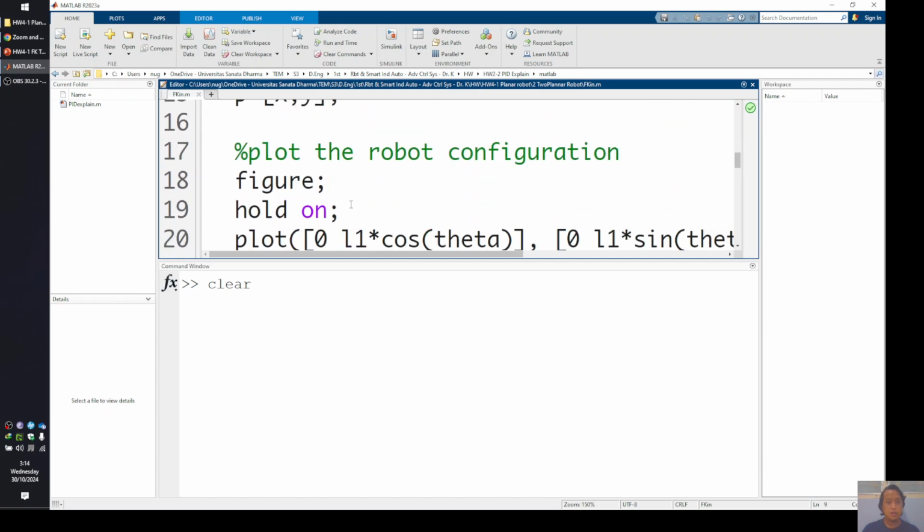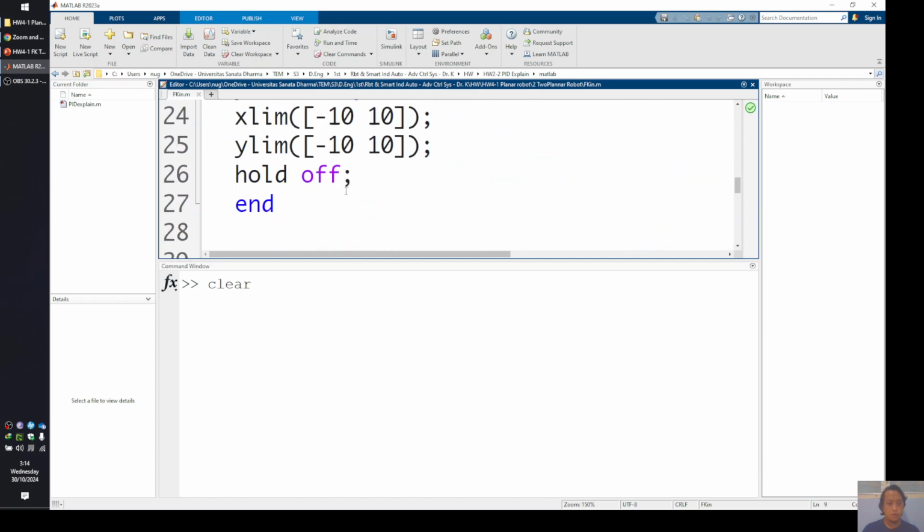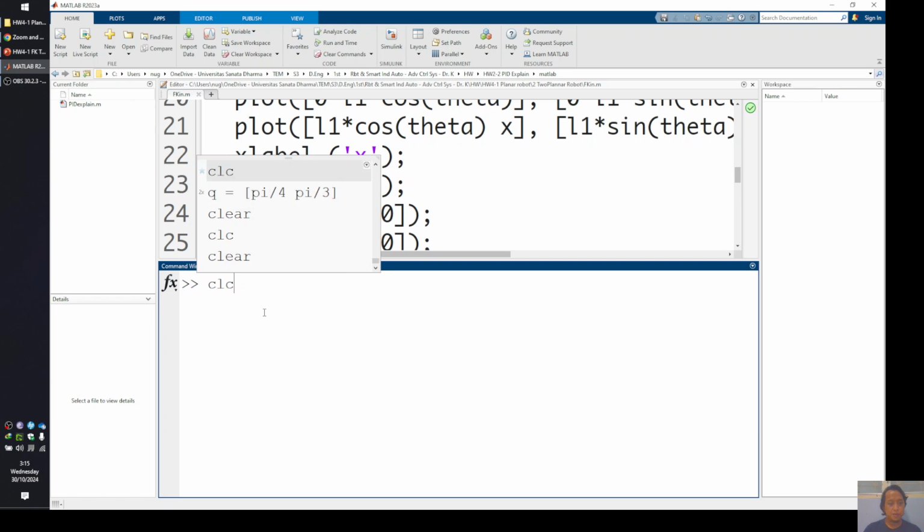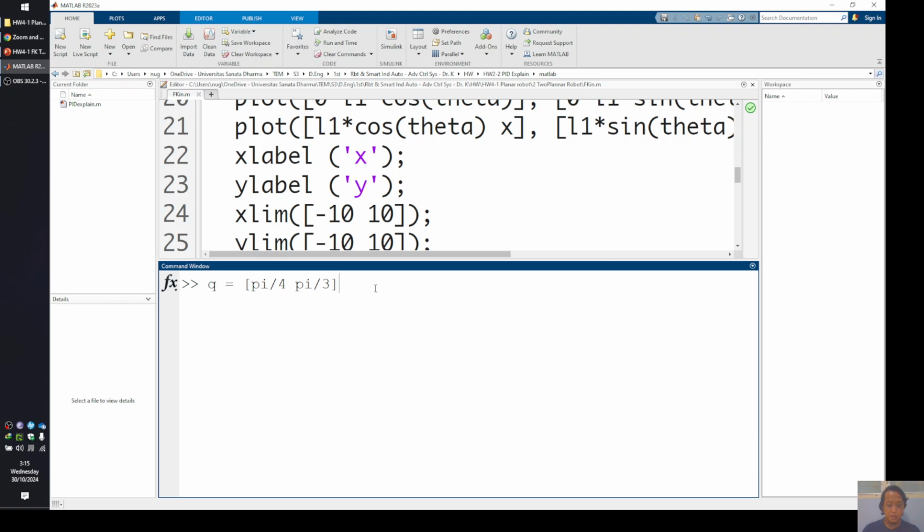So this is the function code, and let me clear this one. The first question is if theta is pi divided by 4 and the phi angle is pi divided by 3.